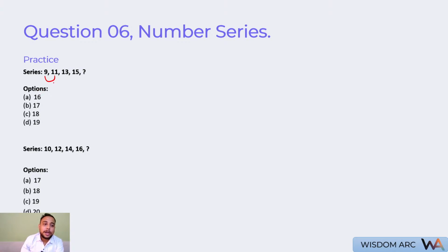From 9, how can you get 11? Adding 2. Same for 13, same for 15. It is very easy. Plus 2, plus 2, 17. We have our option B, right?